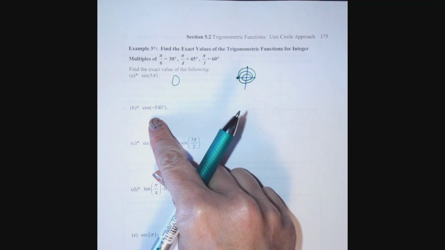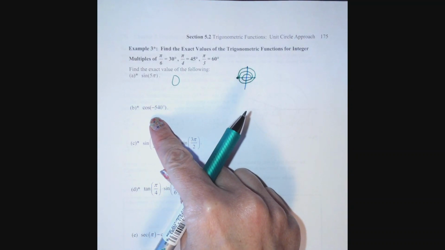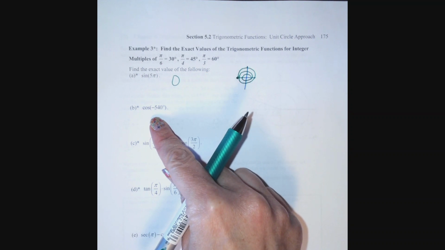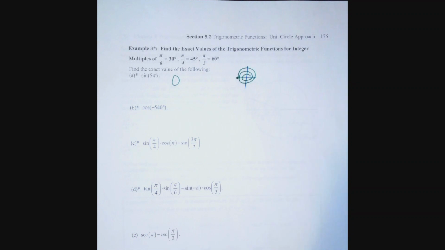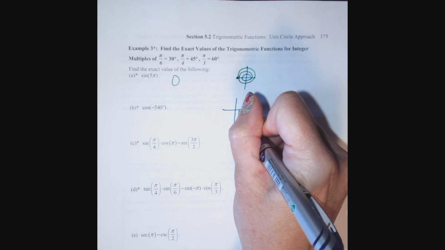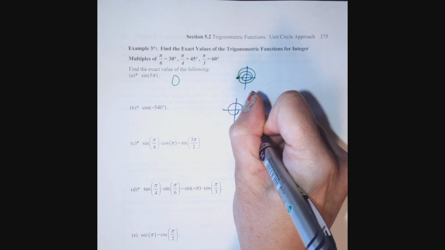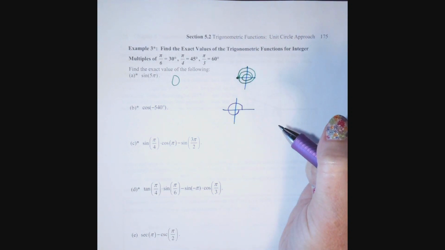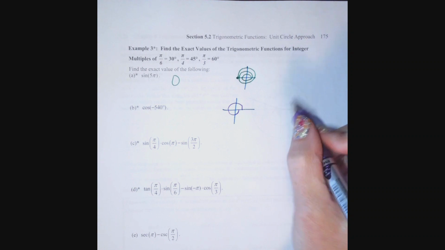Okay, what about this one? Cosine of a negative 540 degrees. Negative means I am rotating clockwise instead of counterclockwise. So let's think about this. If I'm rotating clockwise 540 degrees, I'm going to head out here, and there's 360. What is the difference between 360 and 540?